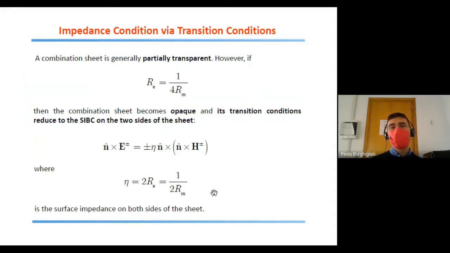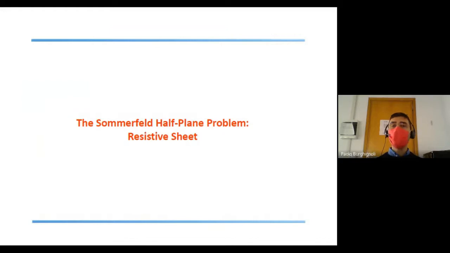So if you are able to solve the problem for a half plane in a case of a resistive sheet and of a conductive sheet, then by combining them, you may also find the solution for an impedance sheet. So what we will do now is to consider the Sommerfeld half plane problem by considering a resistive sheet.